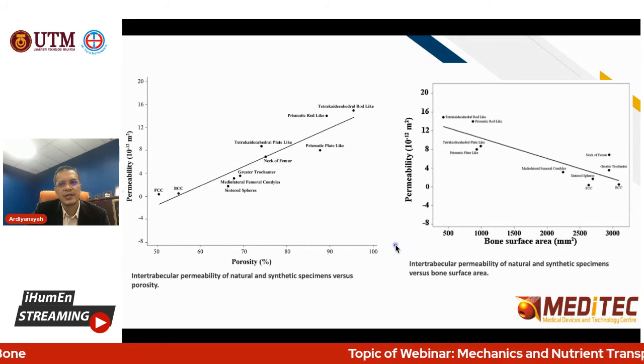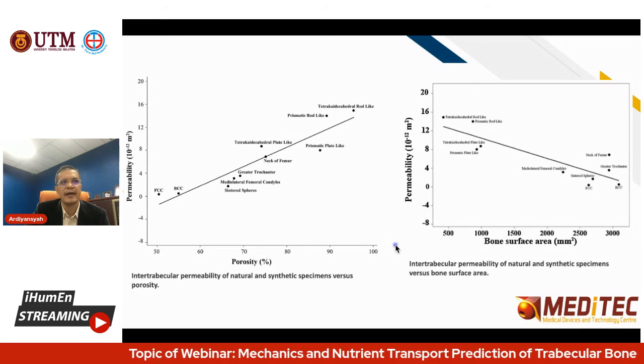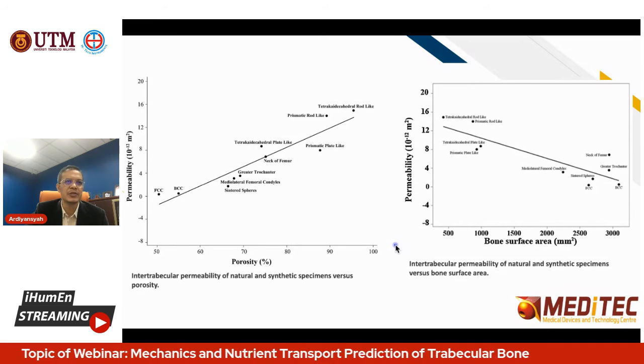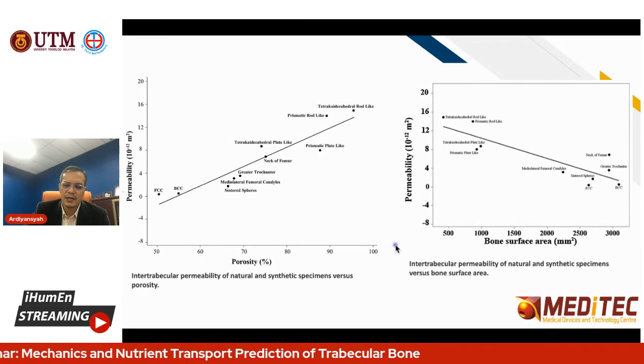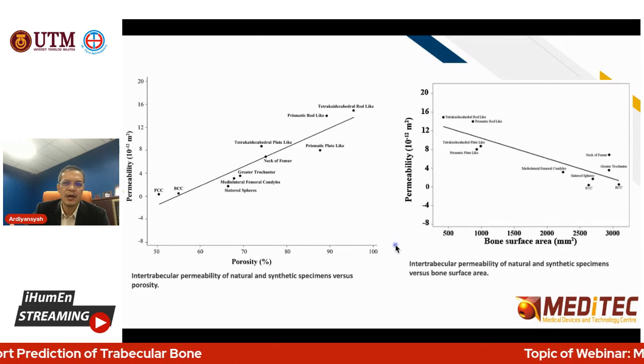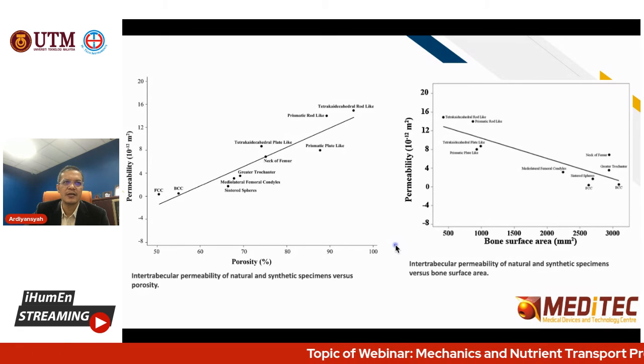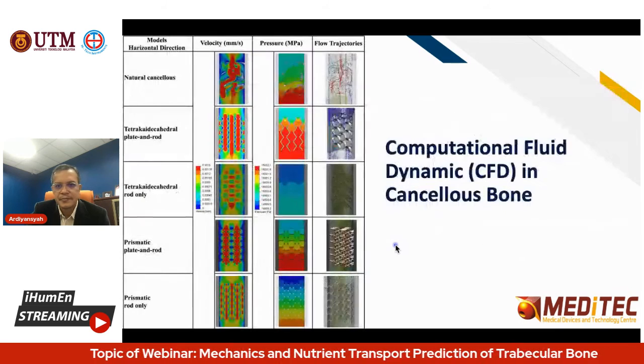That's why with osteoporotic bone, the permeability is quite high compared with normal bone. That means the absorbance of the bone is less, compared with the high surface area on the porosity.